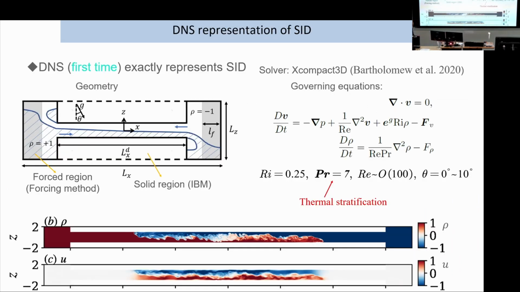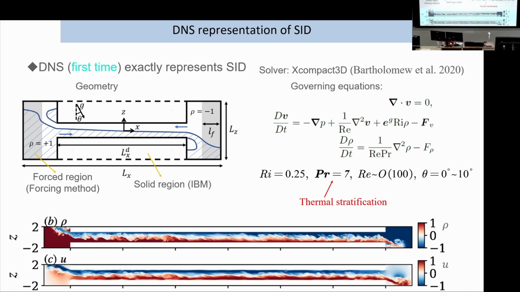So, same equations, and we run DNS simulations of the same systems. Okay. So this uses a solver called XCompact3D, and it uses an immersed boundary method and it represents the boundaries of the duct exactly.